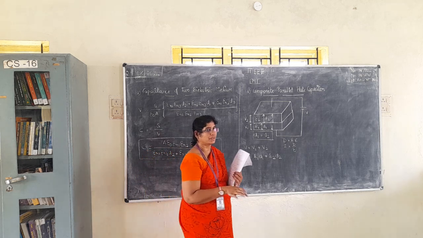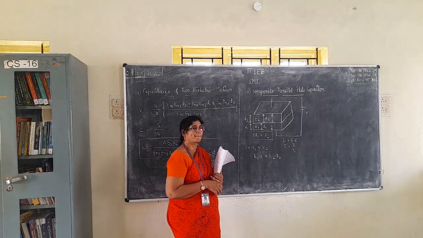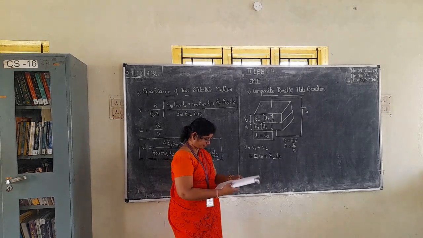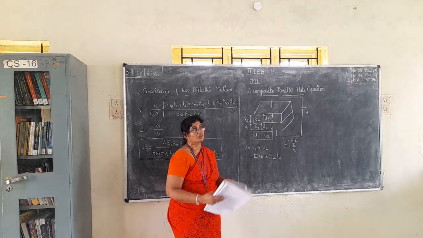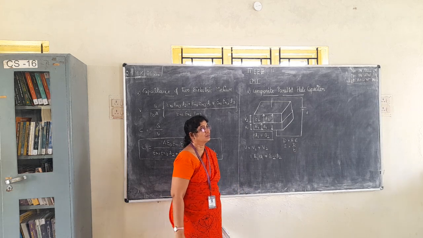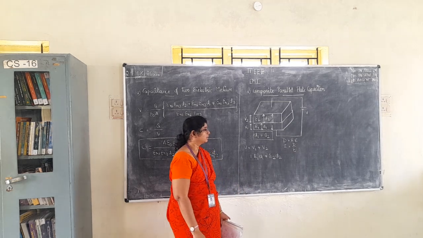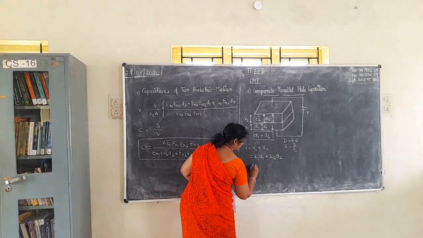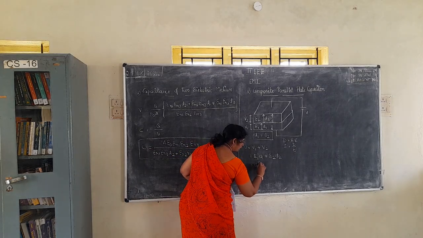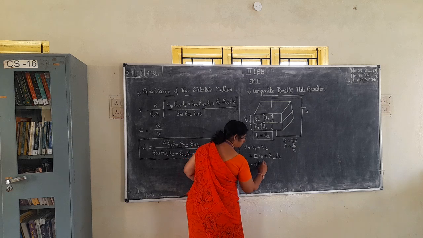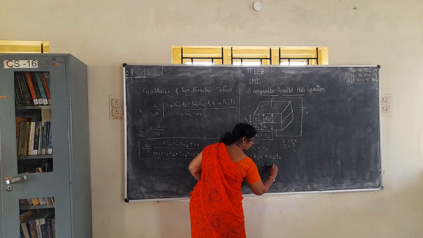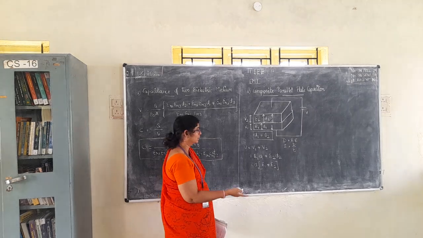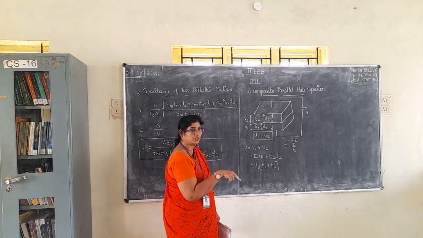What is your final capacitance value? So if D is taken common, E1 plus E2, right? E1 plus E2. E in terms of D is equal to D by epsilon.